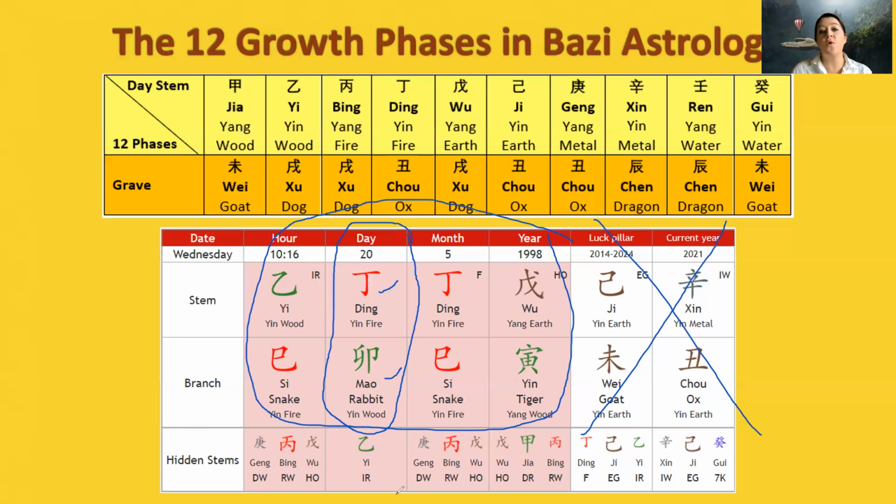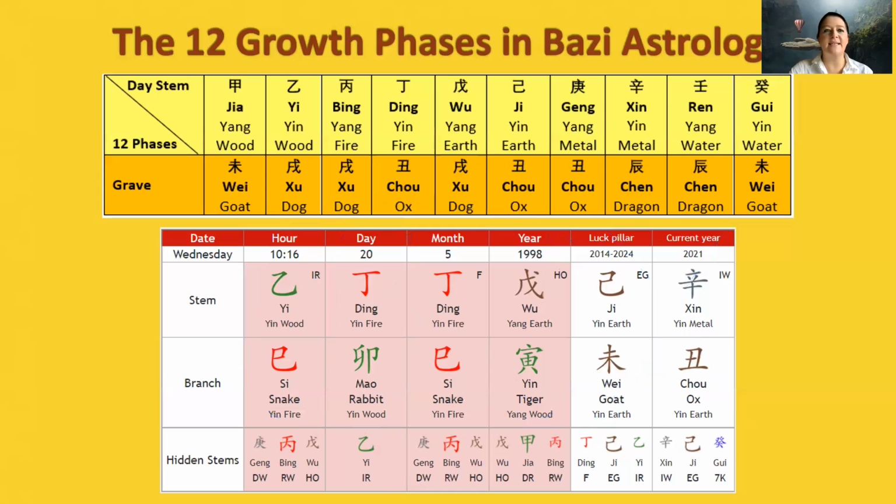So you don't have to worry too much. Even though you will go through a lot of ups and downs, and it may seem like life is tough, wealth luck actually comes if you are able to successfully overcome all these early life challenges. So this is what the grave phase in the 12 growth phases of Bazi Astrology means, and how you find it and how you interpret it.